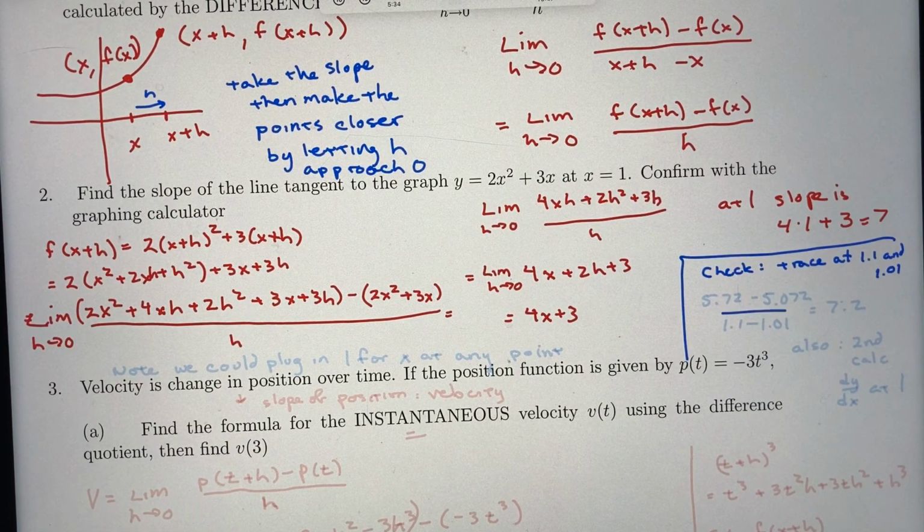So then I'd have, as a difference quotient, it's trying to approach 0, but as a secant line, a line connecting two actual points, I have 2 points. Let's see, 5.72 and 5.072. Calculator says that's 7.2. That's close enough. There's also second calc dy dx.